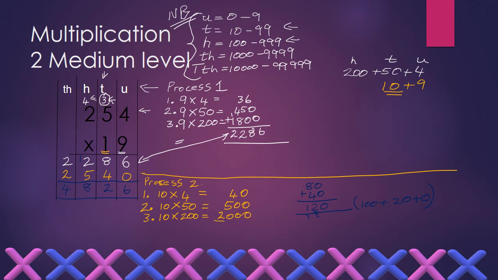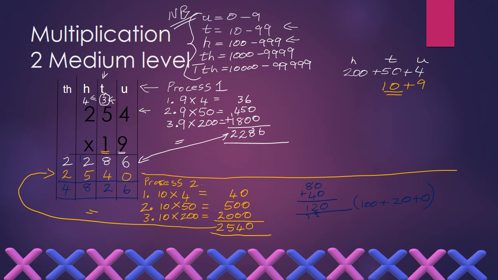We draw a line here. We say 0 plus 0 plus 0 is 0. 4 plus 0 plus 0 is 4. 5 plus 0 is 5. And 2 plus nothing is 2. And we notice that this one and this one are the same.